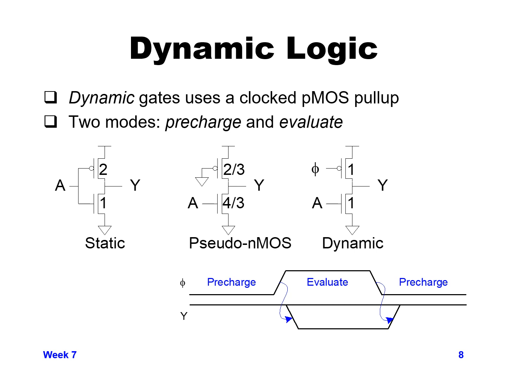And then when the clock goes from low to high, we're in what we call the evaluate phase. At this point, we can send in a value to A that's either a 0 or a 1, and if it's a 1, it will discharge our output and we'll get a value of 0 out. If our input A stays low, our output will stay high and we'll get a value of 1 out.